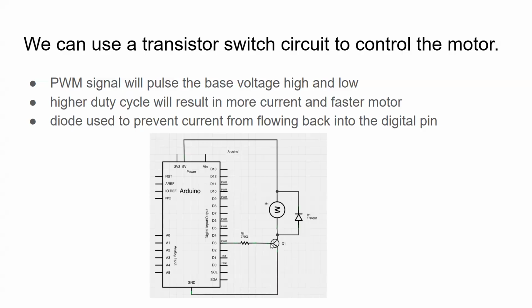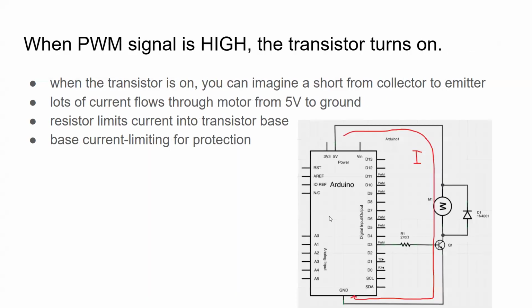And when I apply voltage to the base, I can turn on the switch, right? I can close the switch and cause there to be a short from the collector to the emitter. Or if I just have this base voltage at ground, then it'll be like opening the switch and no current will flow from the collector to the emitter. And so we'll take a closer look at that in the lab and through some simulations.